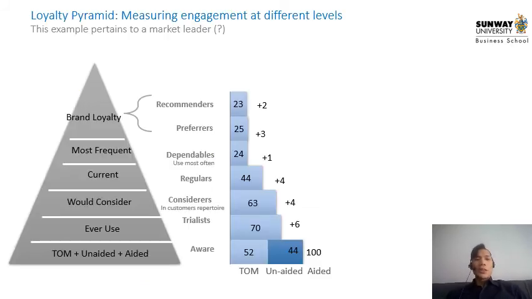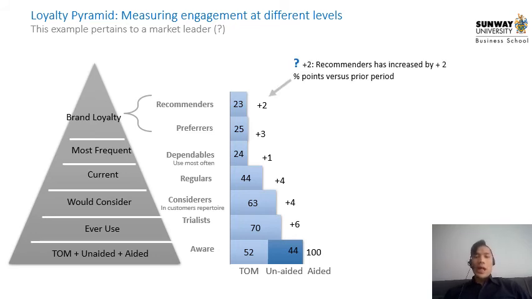If we put everything on what we call a loyalty pyramid, and we were to ask people who are aware of our brand, we notice that they are the aware, the TOM, the top of mind awareness, and the trialists, meaning people who have used it.